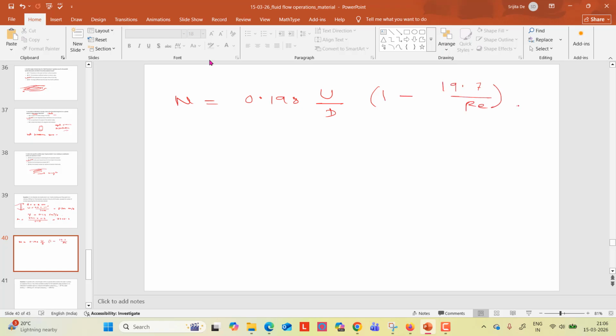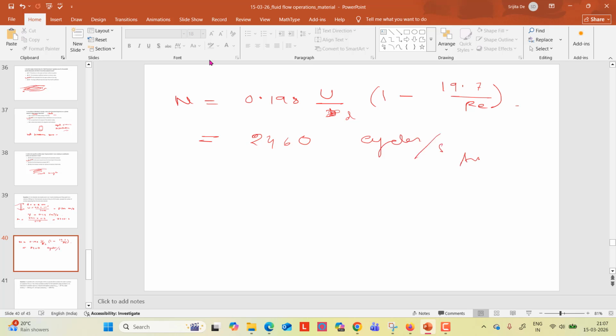So put the values and you will get it. 19.7 by 3333.3, 1 minus this, into 2500 into 0.198, divided by d, the diameter, so it is small d, sorry, which is 0.2. So it is coming as 2460 cycles per second.